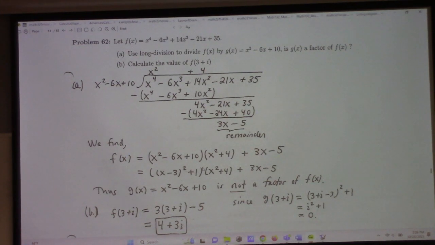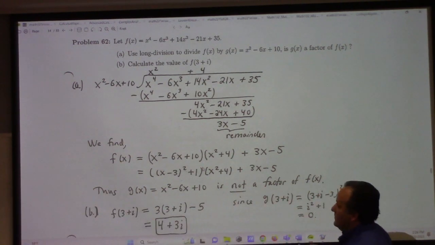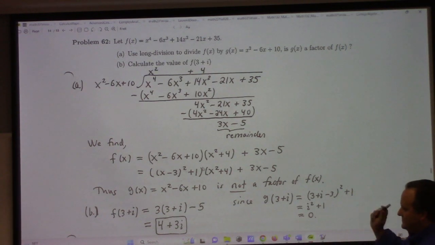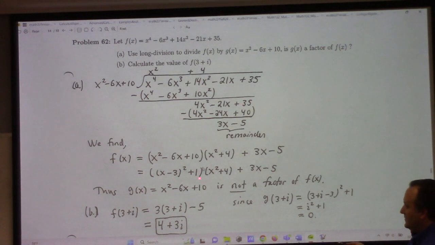Cool. Yeah, Michael? Why is this 0 again? Because of what i represents as a term. Remember, when you square i, it'll cancel out with the plus 1. Why does that term work out to be 0? Because when we plug in 3 plus i, we get 3 plus i minus 3, which is i.